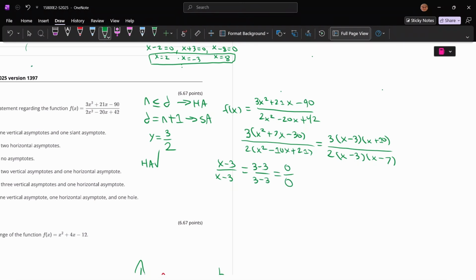But if you plug in anything else besides 3, you're going to get the same number no matter what. You're always going to get 1. And so you're going to end up with a graph that looks like this, where you're going to have a red line at y is equal to 1, except when x is equal to 3. Then you're going to have a hole here, like so.